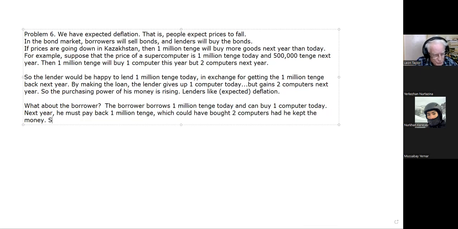So the borrower is losing on the transaction by the equivalent of one computer.